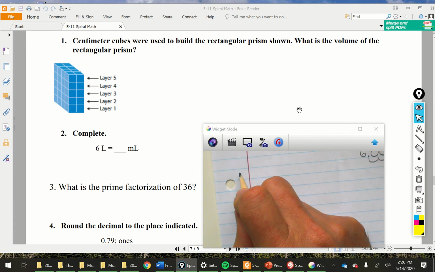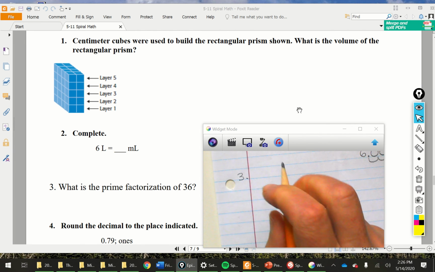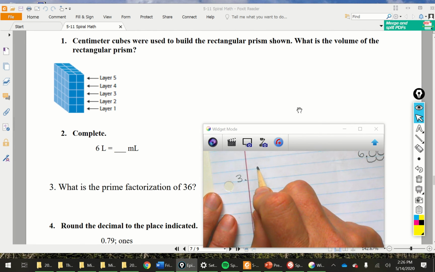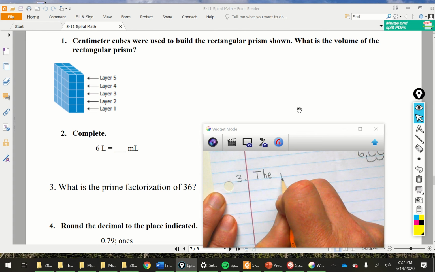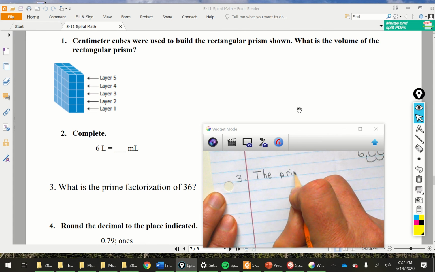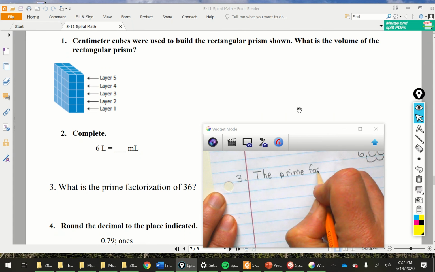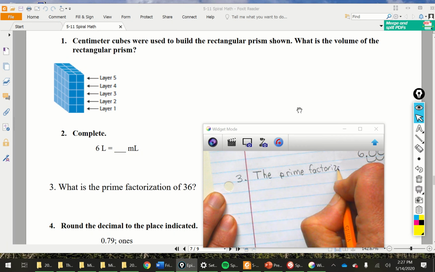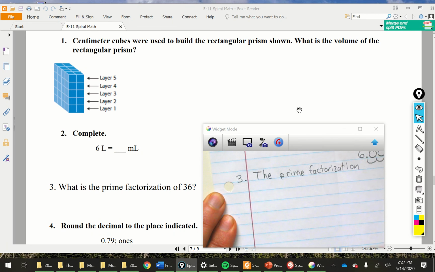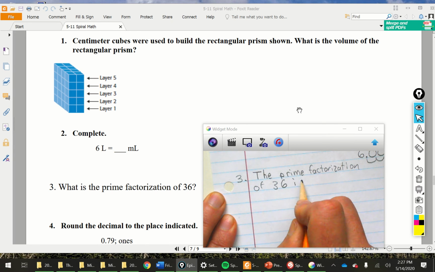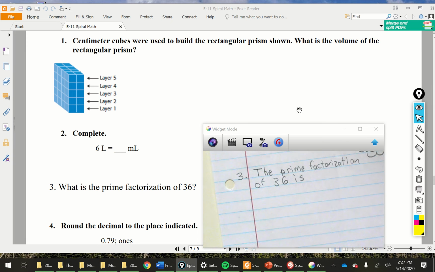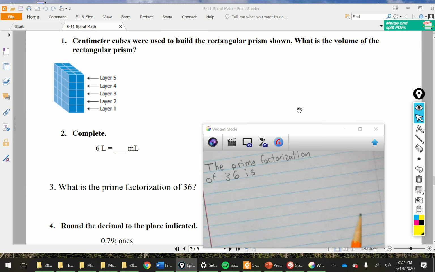Number 3, they're asking for the prime factorization of 36. So I'll write in my answer, the prime factorization of 36 is, and what I'll do is I'll leave a blank there for my prime factors.